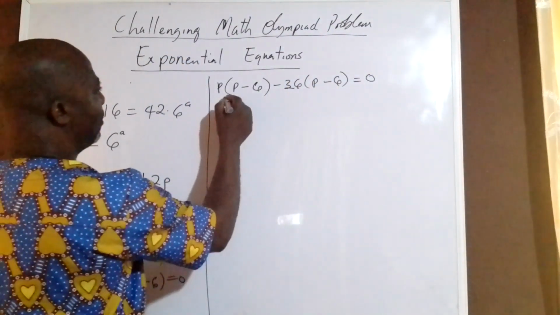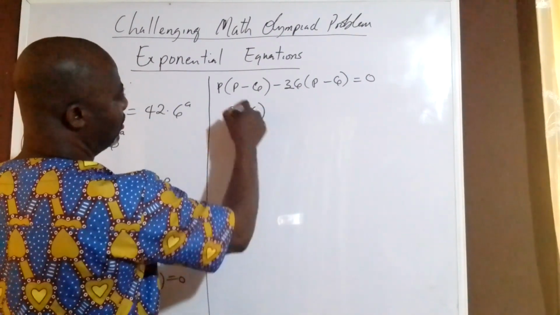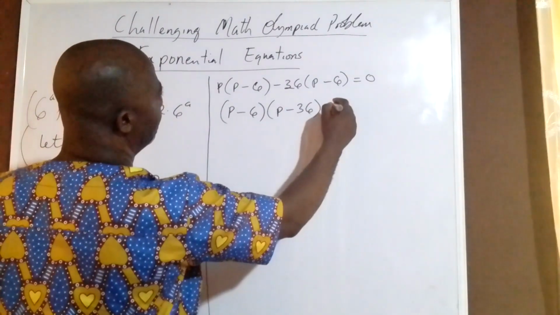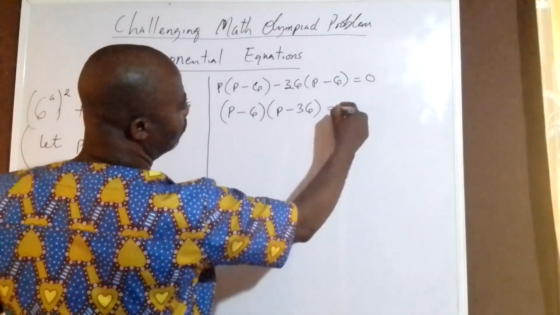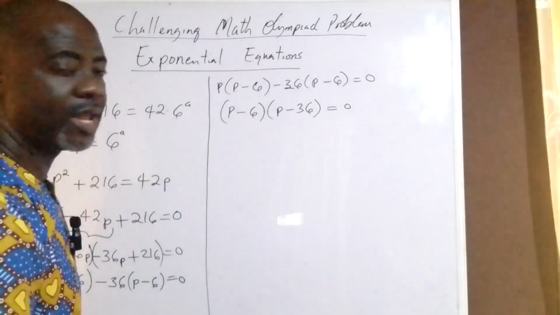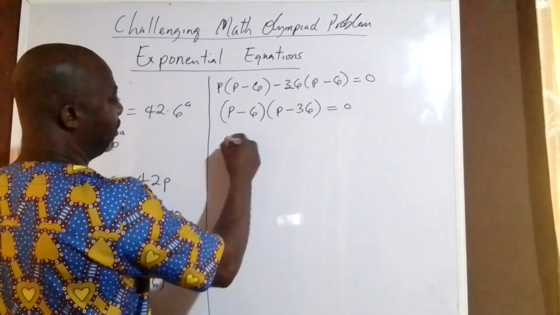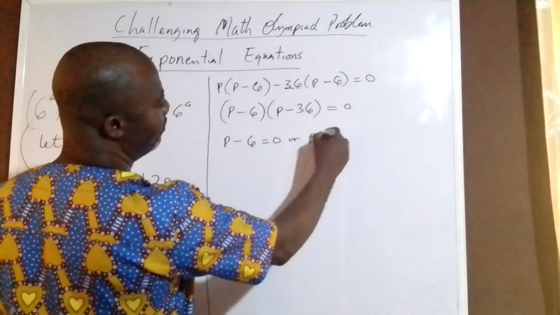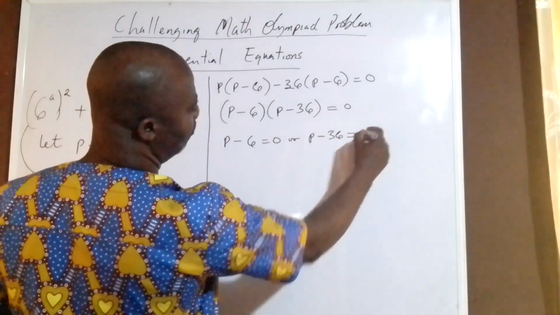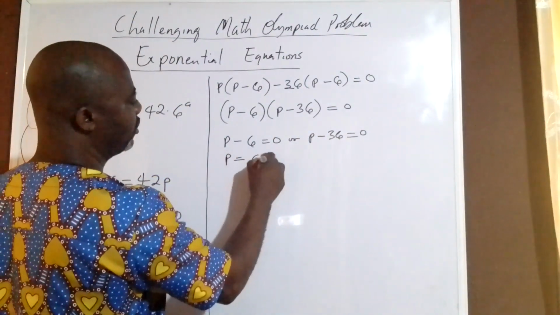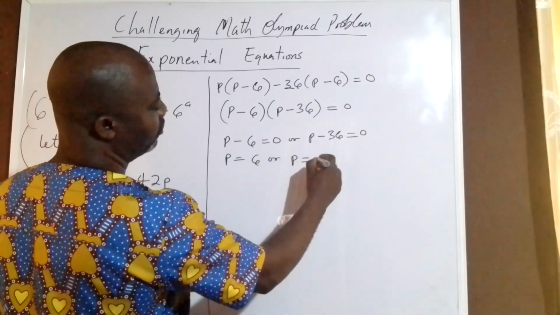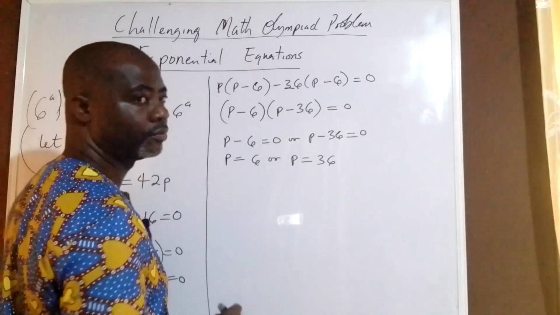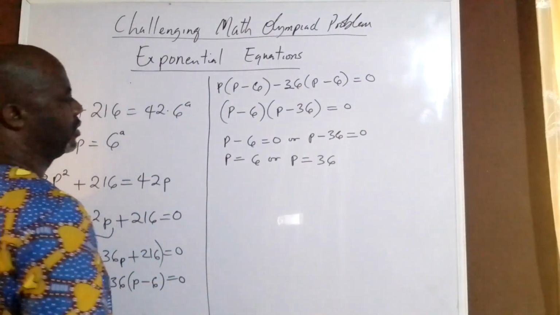So we have P minus 6 times P minus 36 equal to 0. From here now, we have either P minus 6 equal to 0 or P minus 36 equal to 0, where P will be equal to 6 or P will be equal to 36. So there are two cases now.